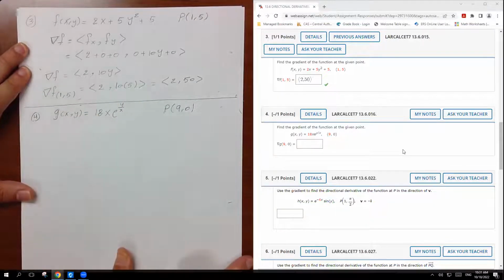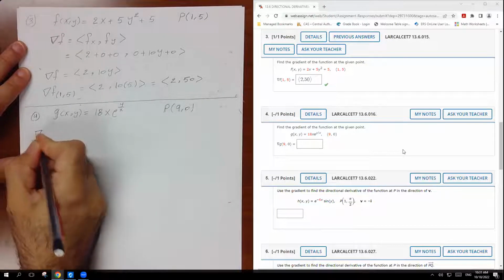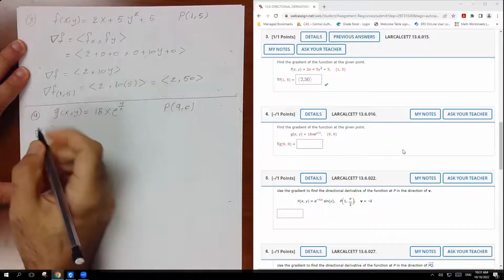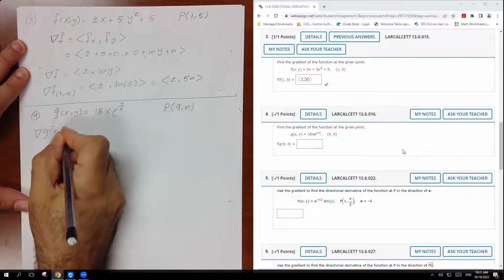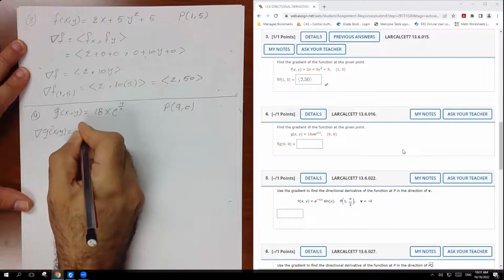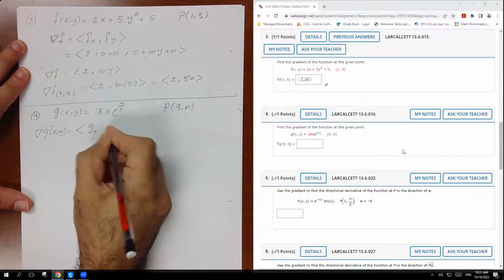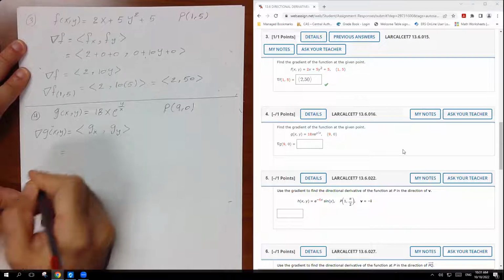So we need to find the gradient at this point. The gradient of the function g is going to be g sub x and g sub y.